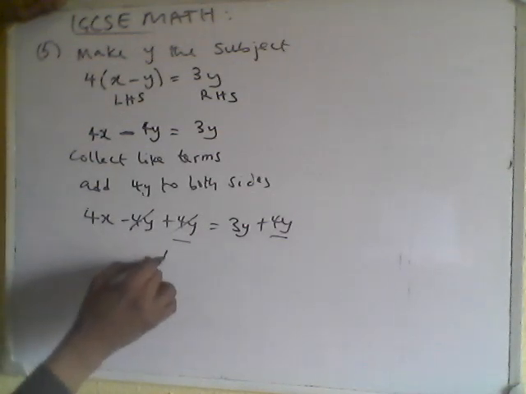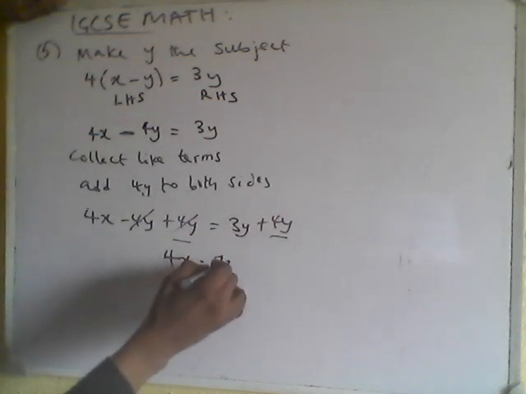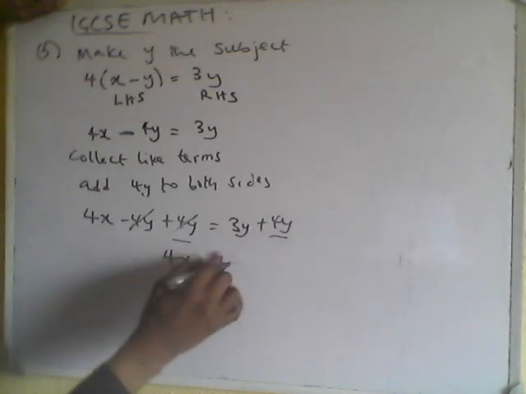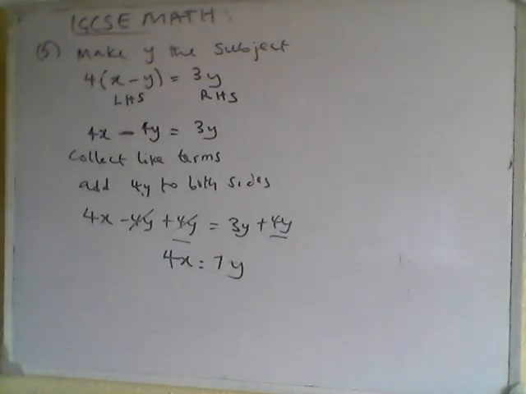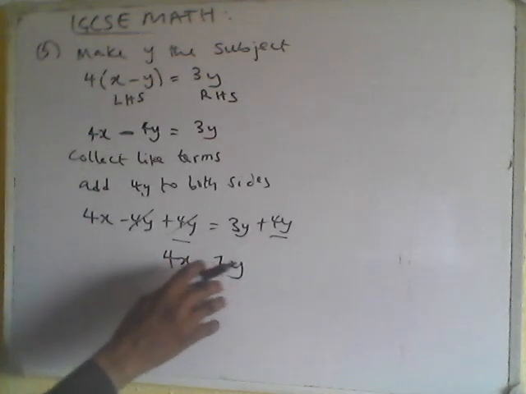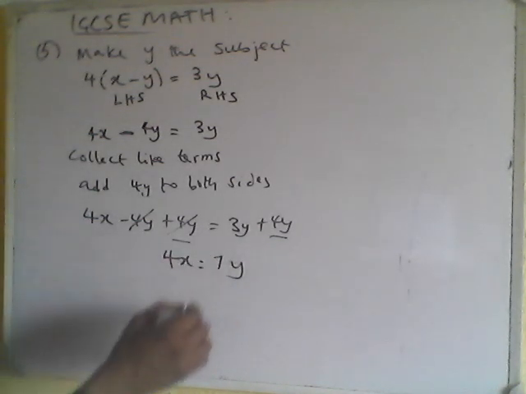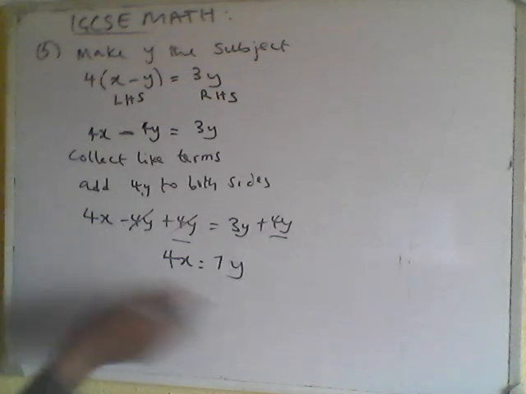So I have 4x equals 3y plus 4y is 7y, because I can add the two of them together. The operation can be done together. But my goal is to make y subject of the formula. So again, something is attached to y, and this is 7. And what is binding 7 to y on this side of the expression is multiplication. So I will use the inverse of multiplication.